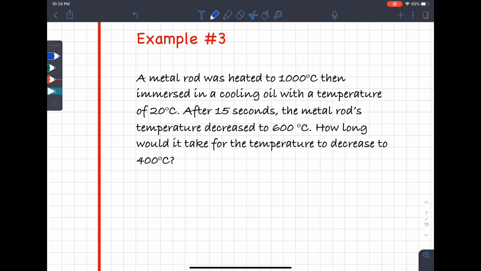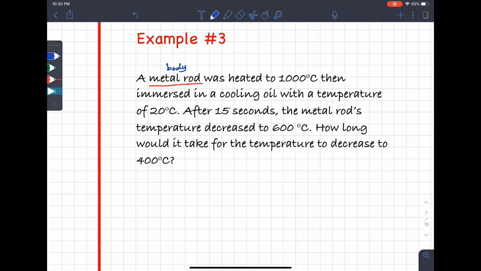After 15 seconds, the metal rod's temperature decreased to 600 degrees Celsius. So how long would it take for the temperature to decrease to 400 degrees Celsius? This problem is similar to the first problem. So what is our object? A metal rod. So that would be our body.